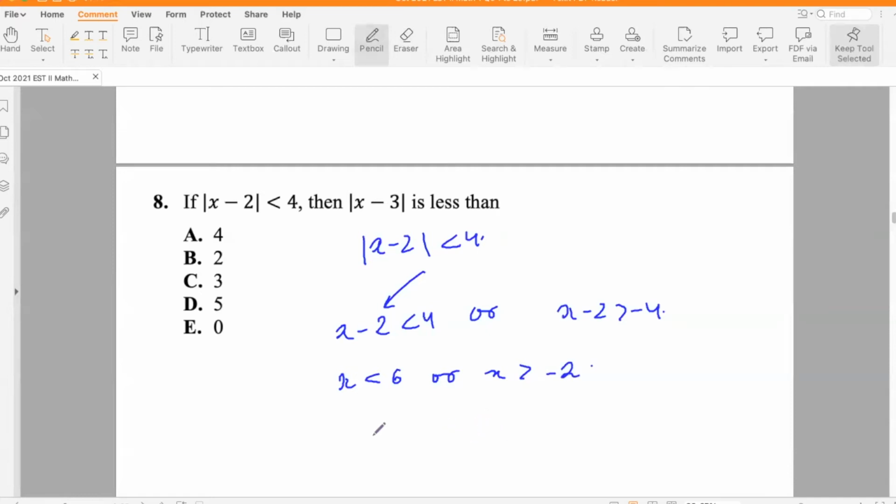So minus 2 is less than x is less than 6. So x minus 3 is between minus 5 and 3. Because on the negative side it's going up to minus 5, modulus of x minus 3 has to be less than 5. For example, if x minus 3 becomes minus 4, then its modulus would be 4. So the answer is D.